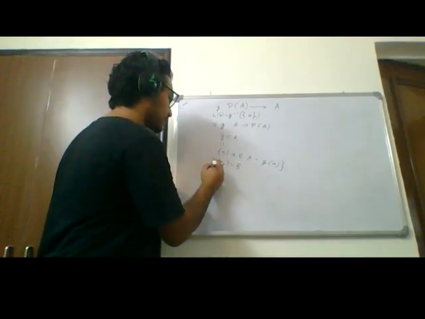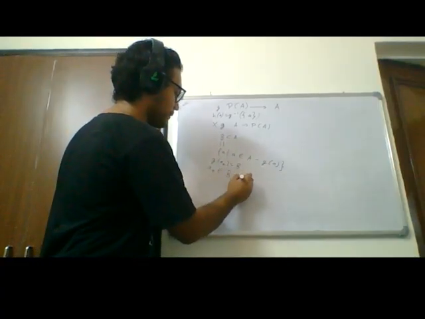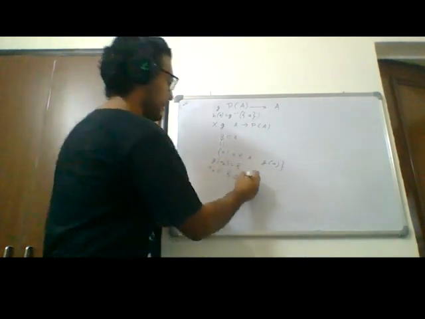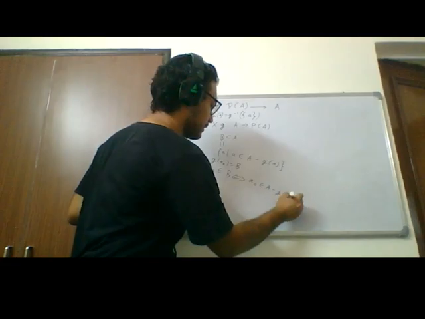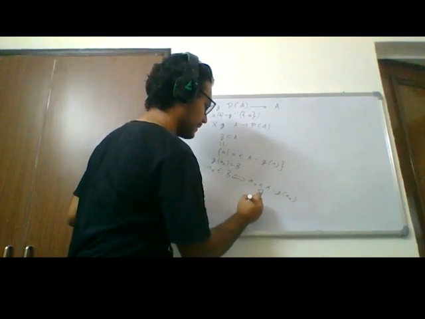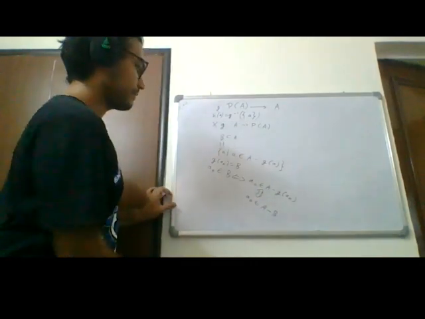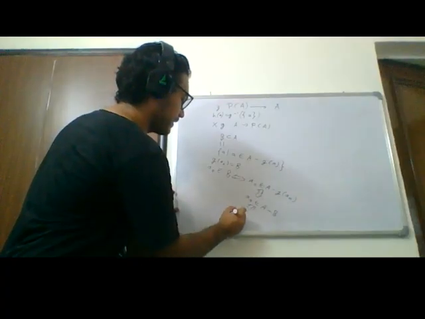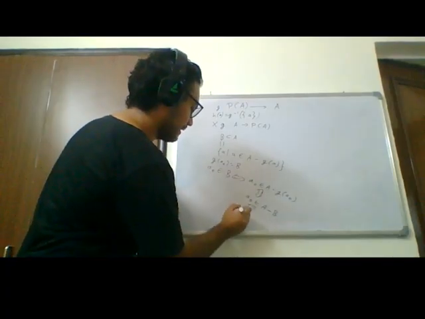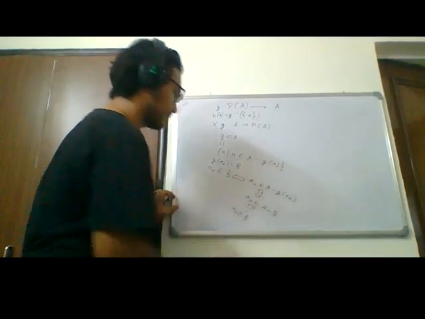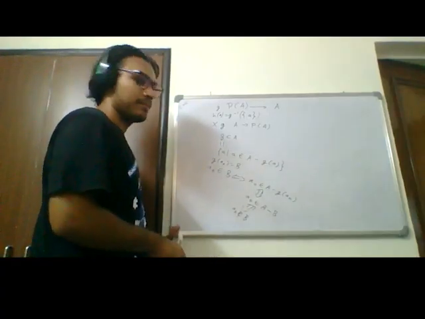So a naught belongs to B if and only if a naught belongs to A minus G of a naught, if and only if a naught belongs to A minus B, which means if and only if a naught belongs to A, which it does, and a naught doesn't belong to B. So it's a contradiction. Yeah.